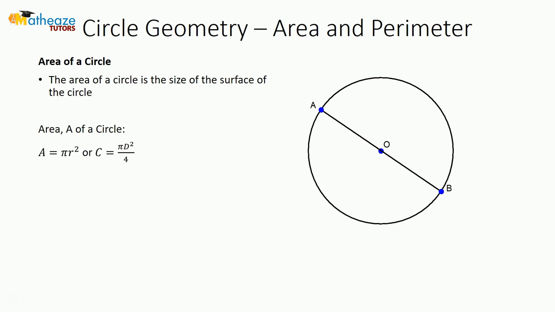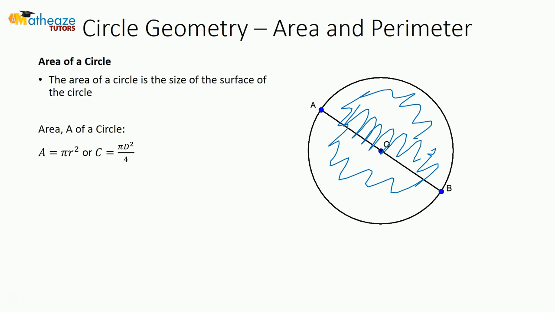The area of the circle is the size of the surface of the circle. So it's the size of the inside of the circle that is going to give us the area of the circle. Now we do that by saying area is pi multiplied by radius squared, and the area is also going to be equal to pi multiplied by diameter squared over 4.